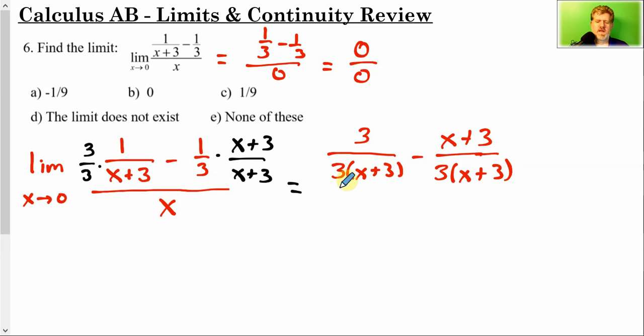Now some people multiply this out and do 3x plus 9. I always want to see what cancels out a lot, so I don't tend to multiply through until the end, if necessary. All right, so what happens here?